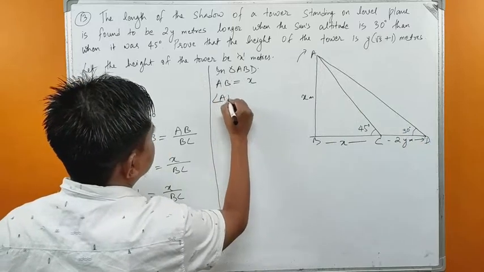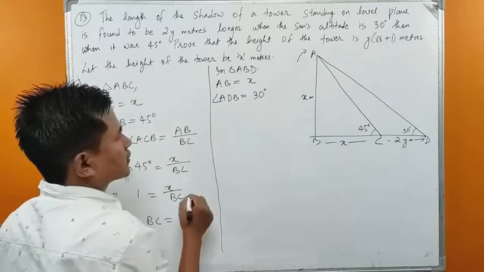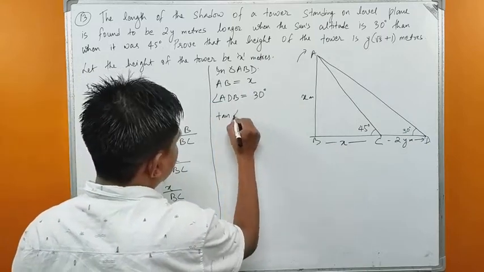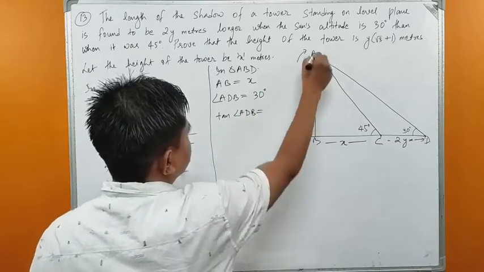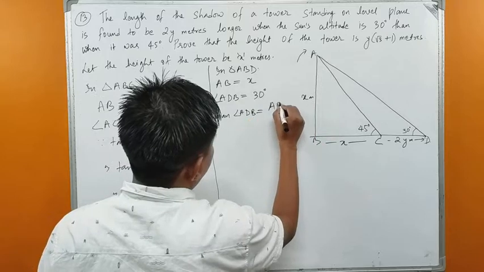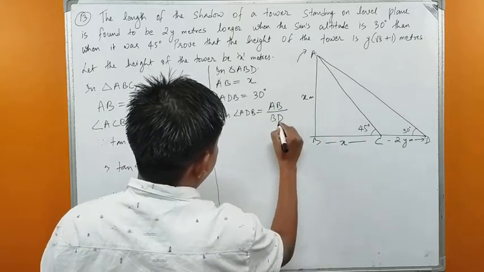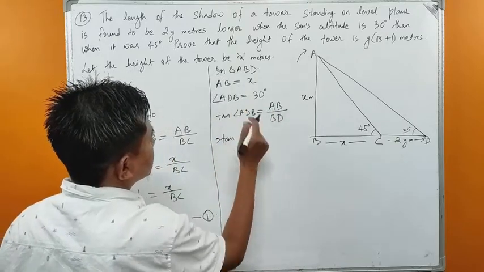Angle ADB equals to 30 degree. Let us apply tan theta. Tan of angle ADB equals to perpendicular AB by base BD, isn't it? BD. Or tan ADB is given to us 30 degree.